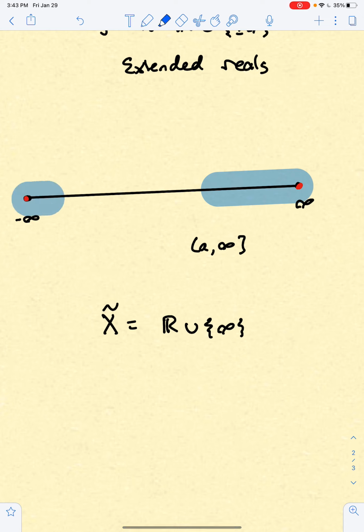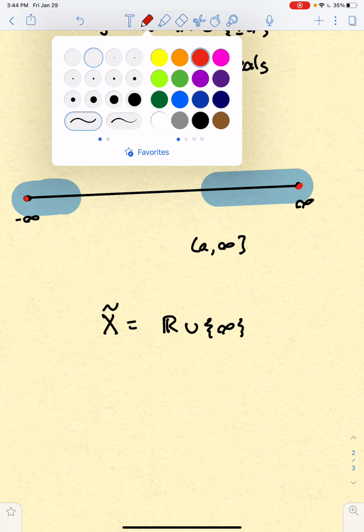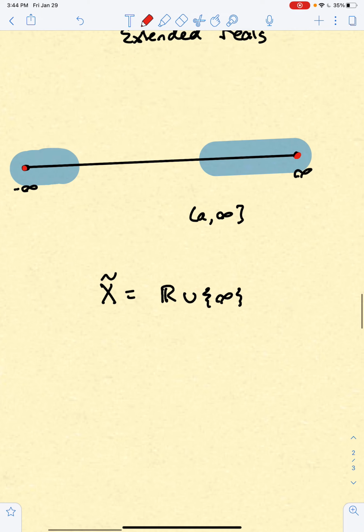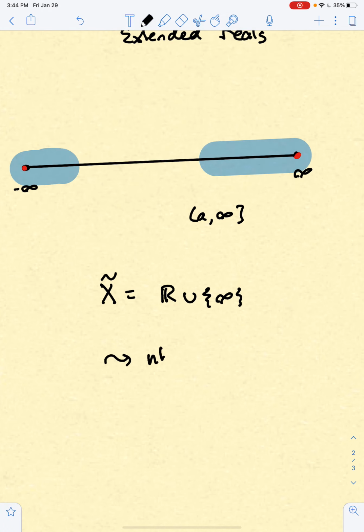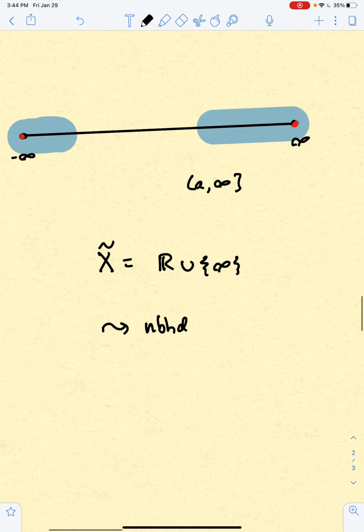So a neighborhood of this point would be something like a union. I'll abbreviate neighborhood as NBHD, which we take to mean some open set containing the point.